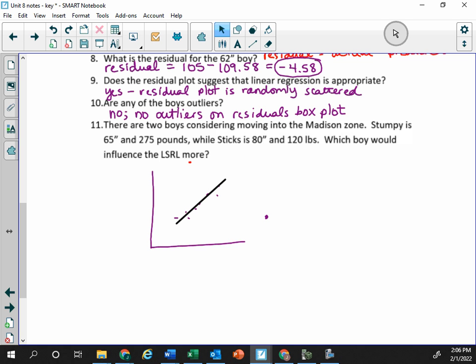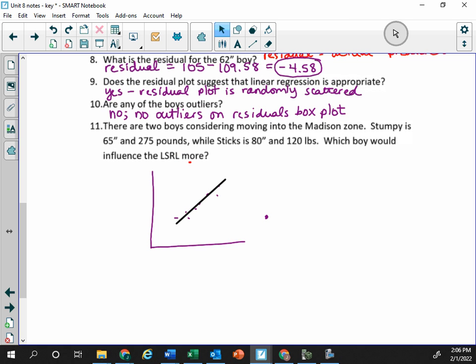Whereas this purple point out here is going to make the slope of the line change. So influential is really talking about changing the slope of the line. The 65 inches, 275, that is definitely going to impact it, but it's just going to shift it up, not tilt it. Does that make sense? Okay, so yes, Sticks would be more influential.